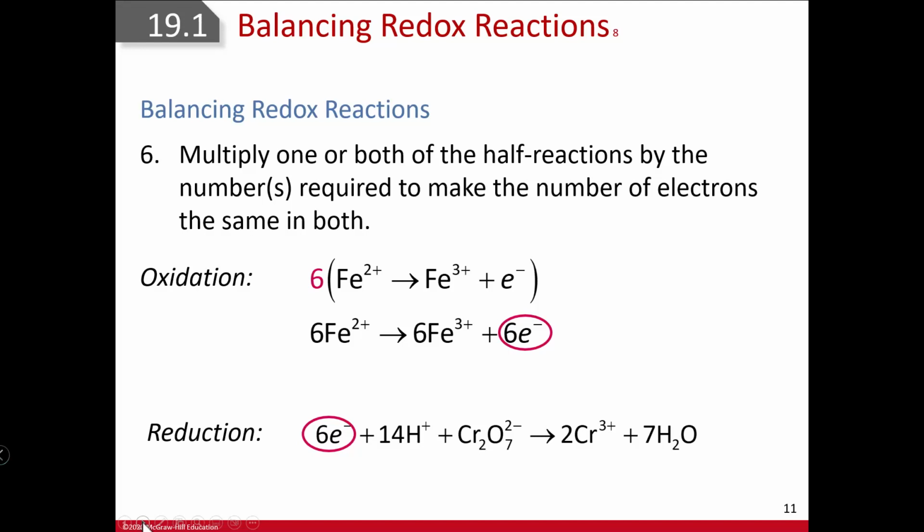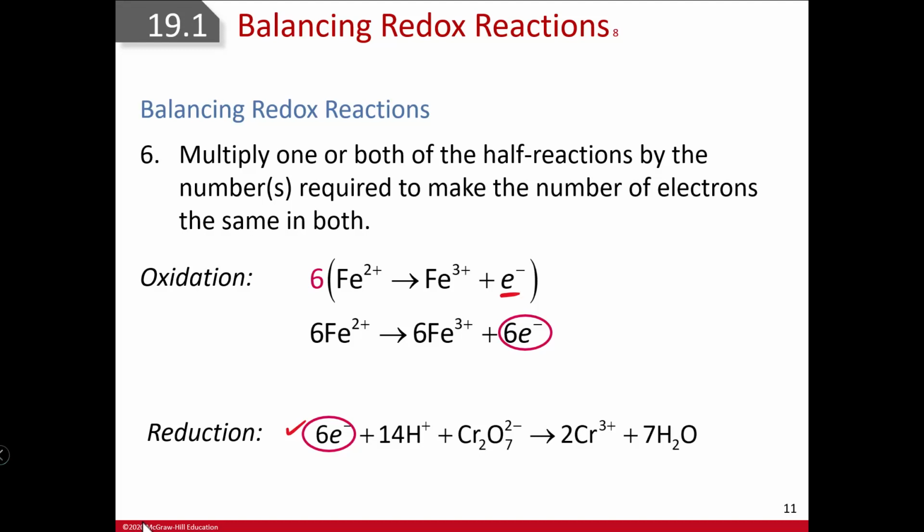So the next step is when you add half reactions together, and again, this is something we learned in chapter 4: the electrons on the reactant side have to cancel out with the electrons on the product side, so that when we add the 2 half reactions together, you don't see electrons in the final equation. So in the reduction half reaction, there were 6 electrons gained, but up here with the iron, there's only 1 electron lost.